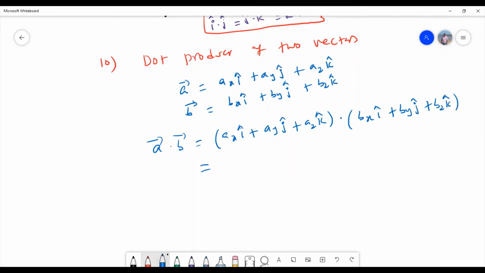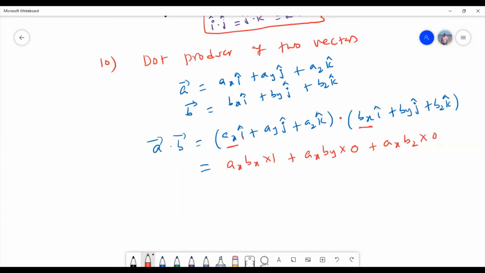Now remember here this AX is a number, BX a number, so first multiply them. So AX BX, I dot I is 1, so into 1, plus AX BY into I dot J. I dot J is 0, we discussed, plus again AX BZ, I dot K, they are perpendicular, into 0.